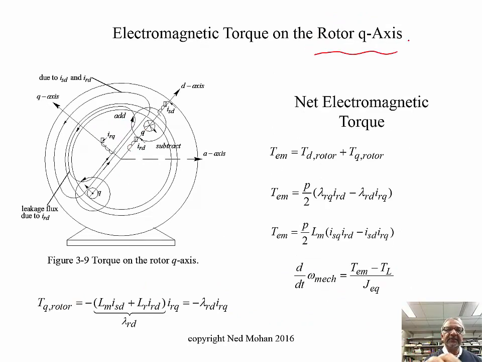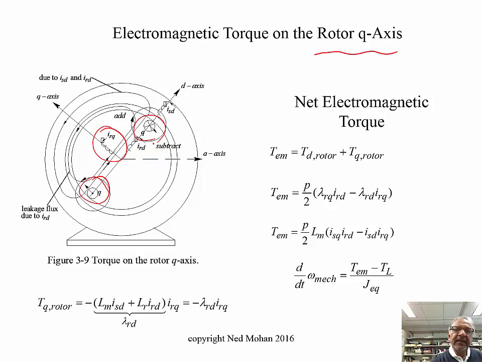In this case, the rotor q-axis right here is represented by these two conductors over here, but again it's sinusoidally distributed, and it is being acted upon by the currents in the d-axis.